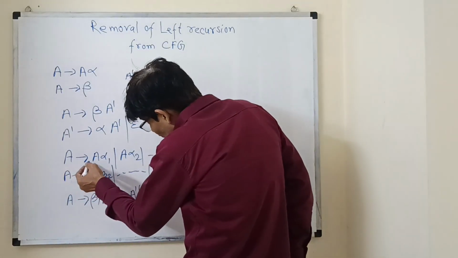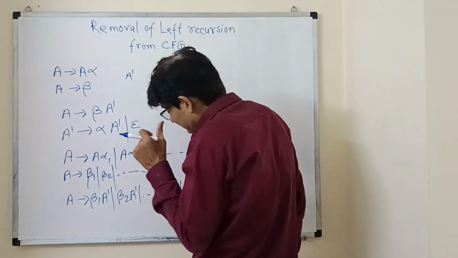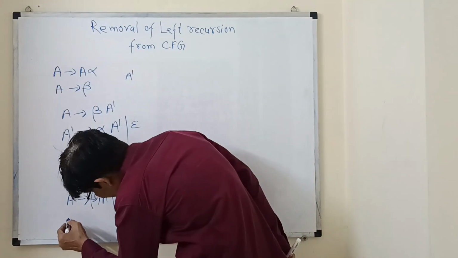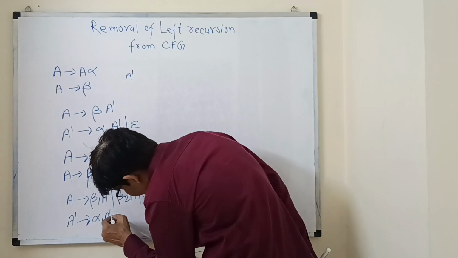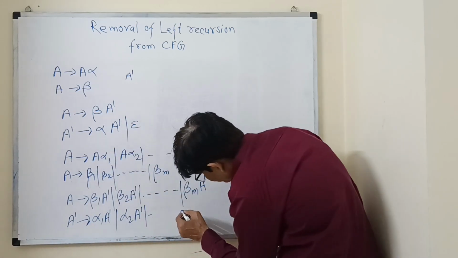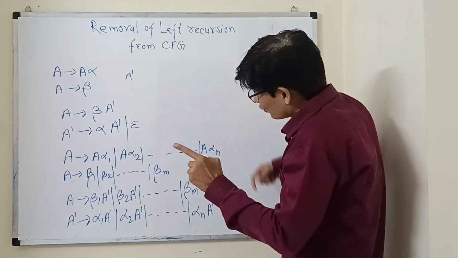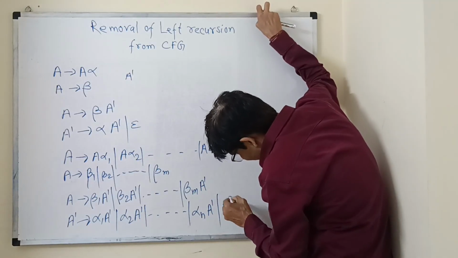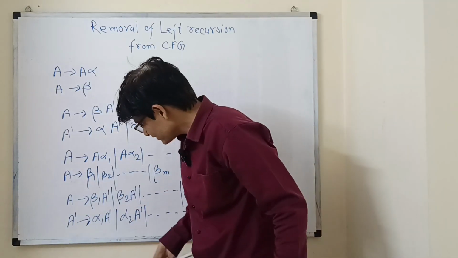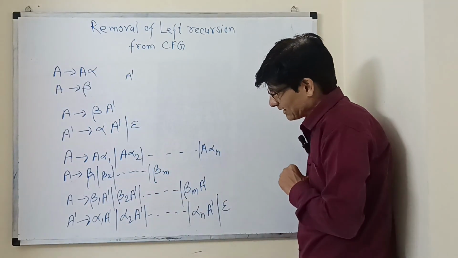Now we will rewrite all these left recursive productions in the form of right recursion. So we can write A dash gives alpha 1 A dash, alpha 2 A dash, up to alpha n A dash, and one more production with epsilon here. Epsilon will always be there with A dash. So this is a different way of writing the same formula again.